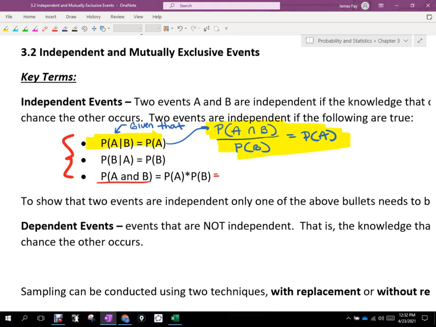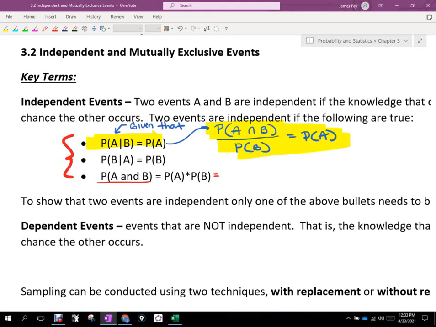So if I flip a coin and it lands heads and roll a dice and it lands a 3, what was that probability? It's 1/2 times 1/6, right? Because a coin flip and a roll of a dice do not impact each other. One does not cause or change the other. They are independent.